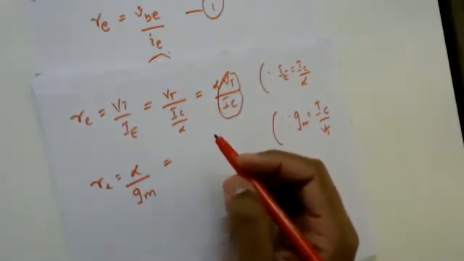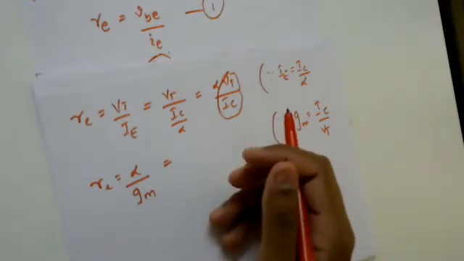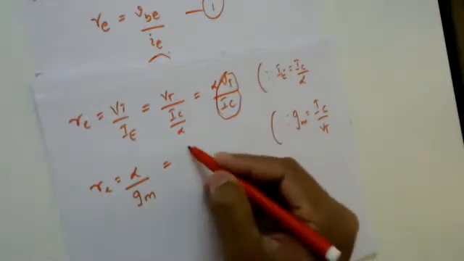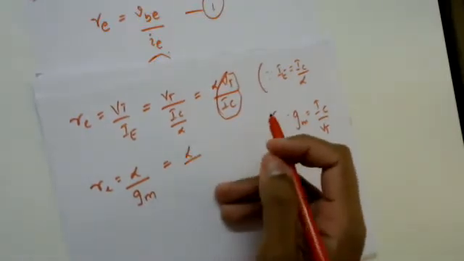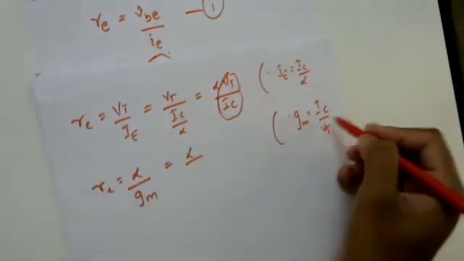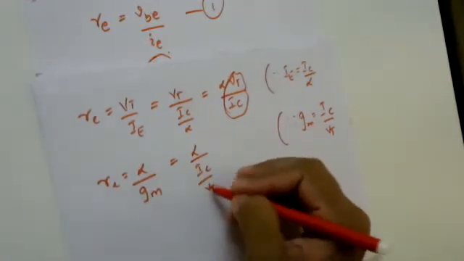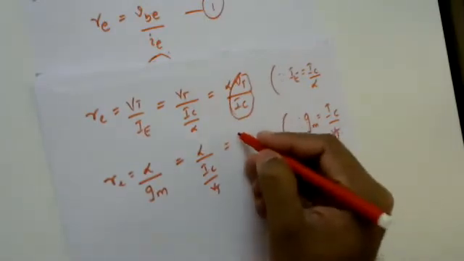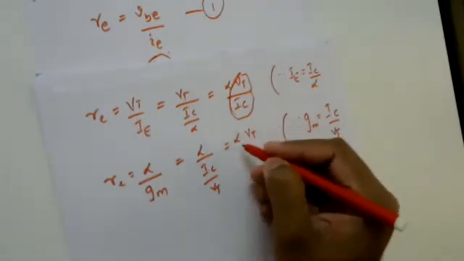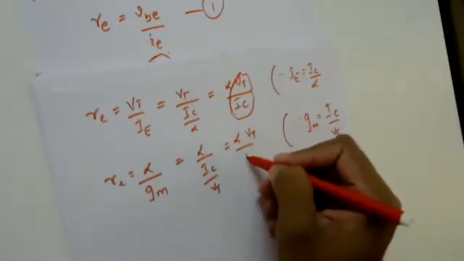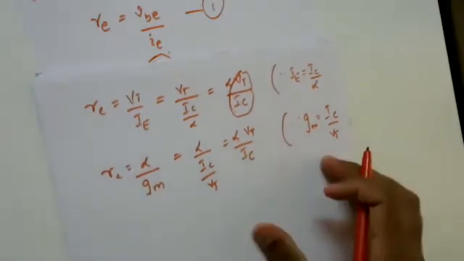When I substitute for GM, I get alpha divided by IC divided by VT, so this VT goes to the numerator, and we get alpha into VT divided by IC.